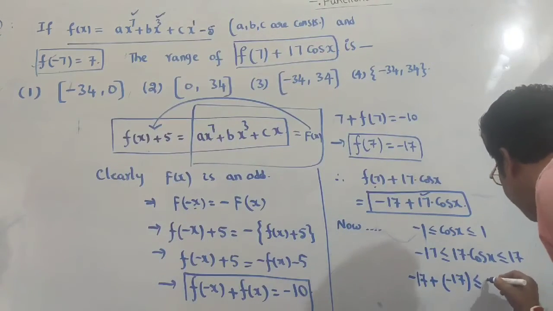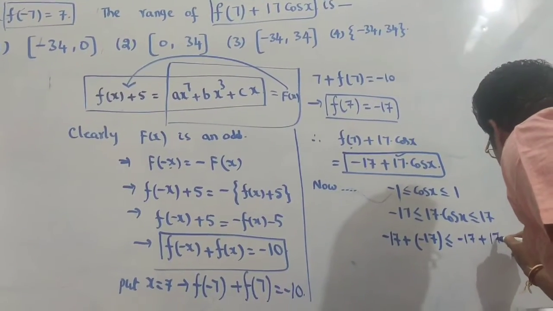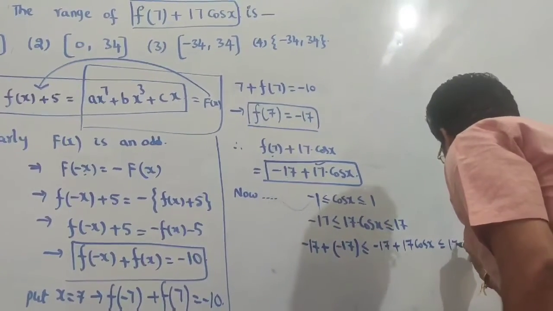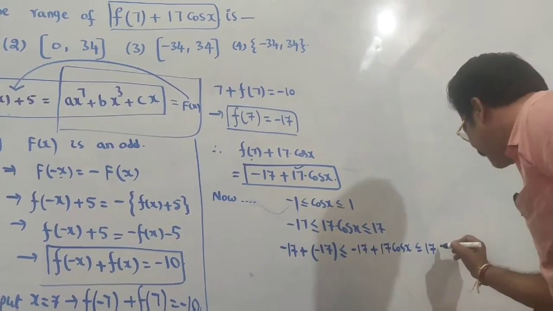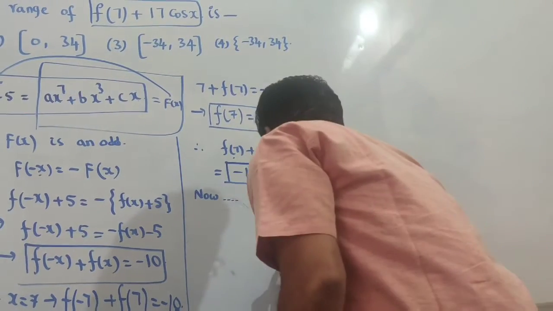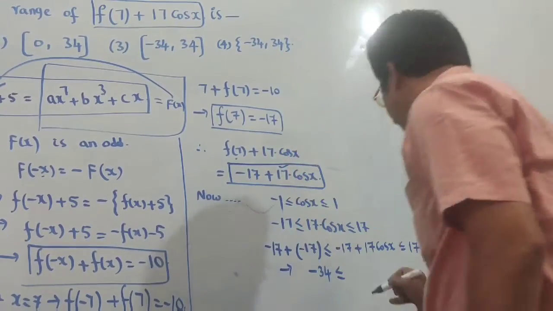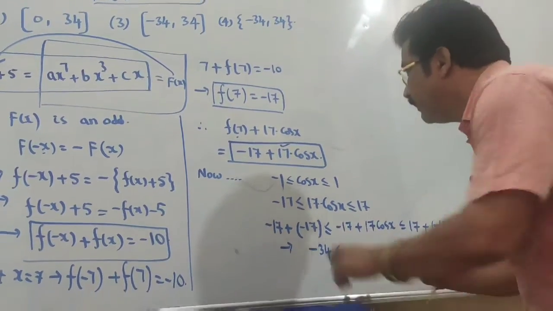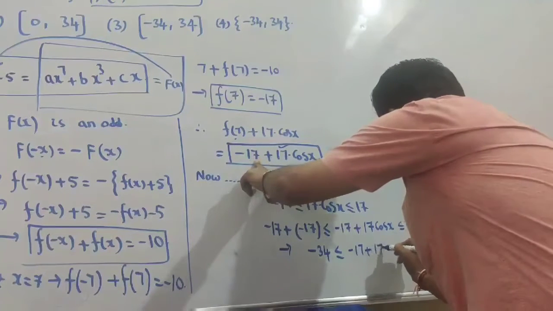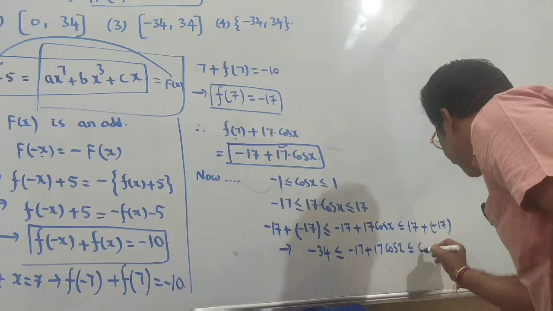So minus 17 plus 17 cos x less than or equal to, already one plus 17 is there. We are adding minus 17. So which follows that minus 34 less than or equal to, this is the given function, this one, minus 17 plus 17 into cos x less than or equal to 0.